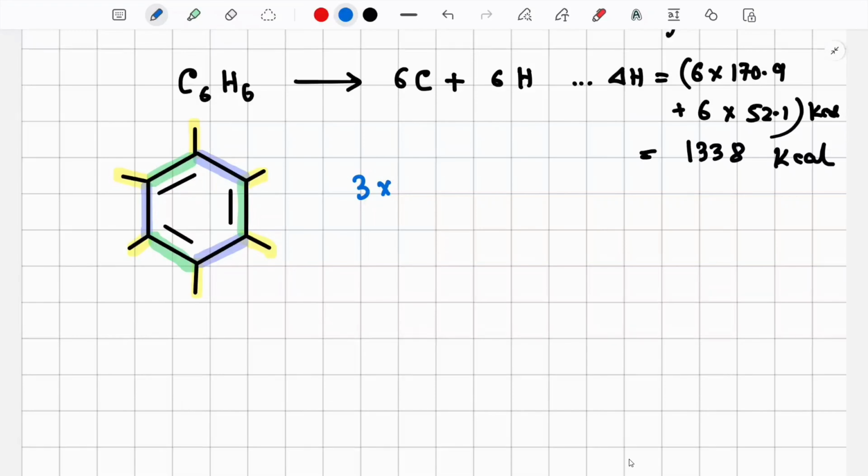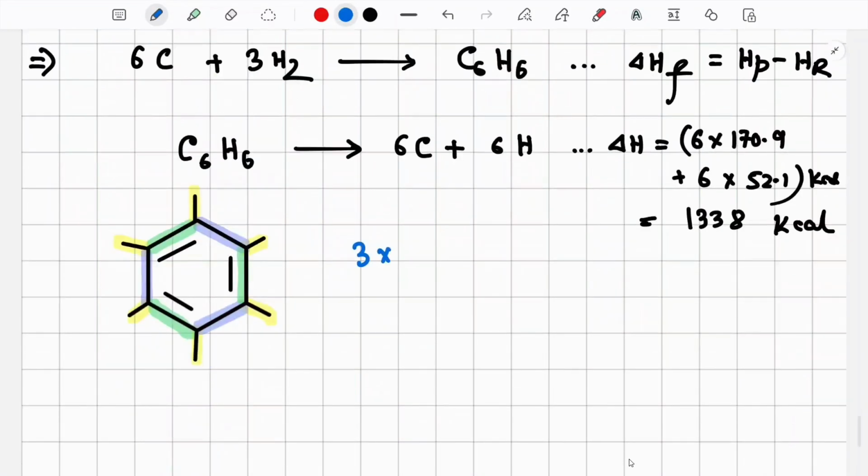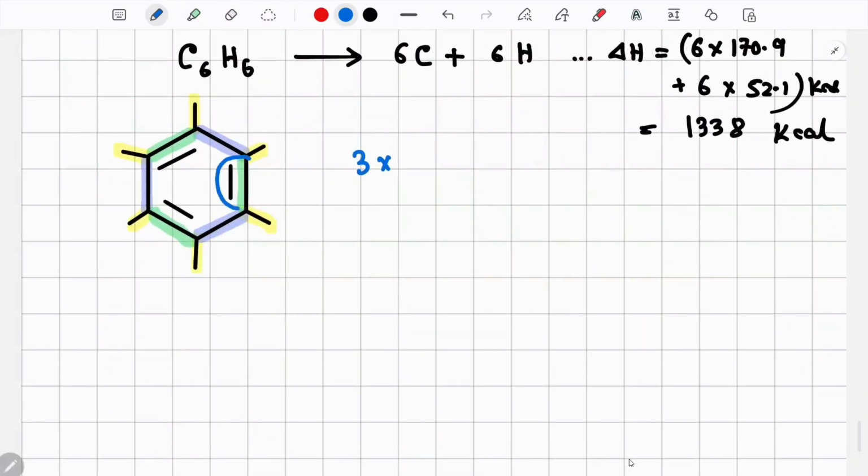When you are considering C double bond C, both bonds are already counted. It is not that you are calculating the second bond energy additionally. It is total considering both bonds. Okay. Then I have made a mistake here.